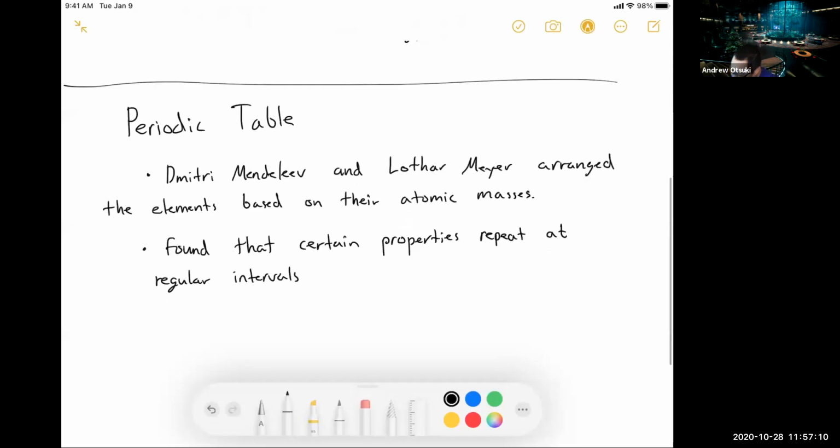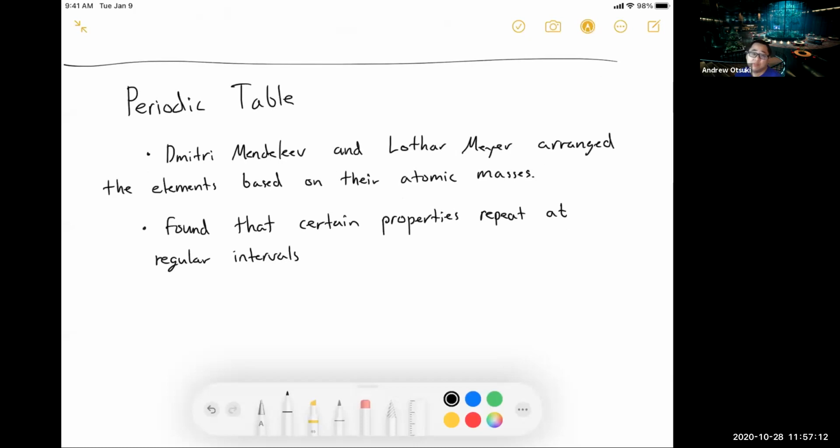And one thing to note is that the arrangements were not perfect at first, according to their atomic masses. So as time went on, we fixed them.